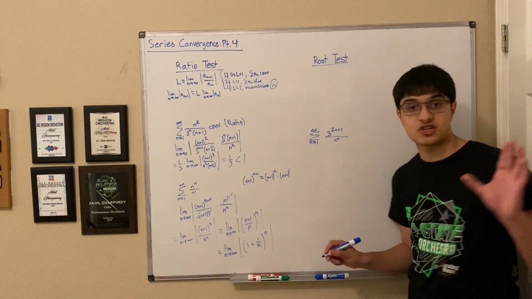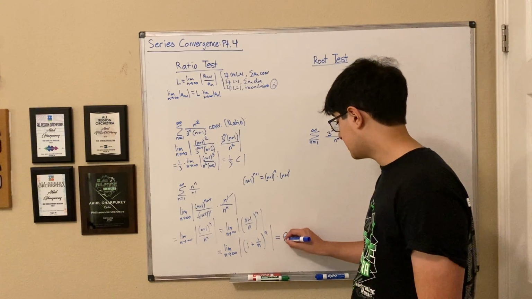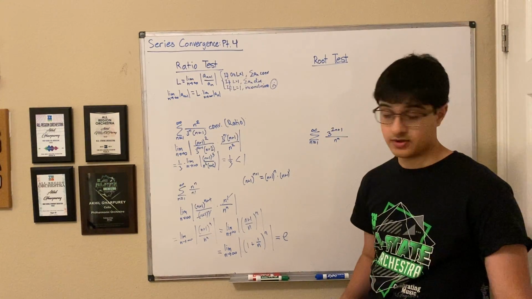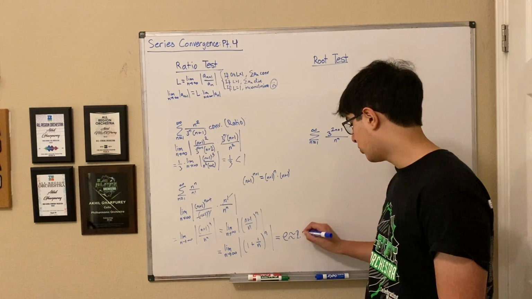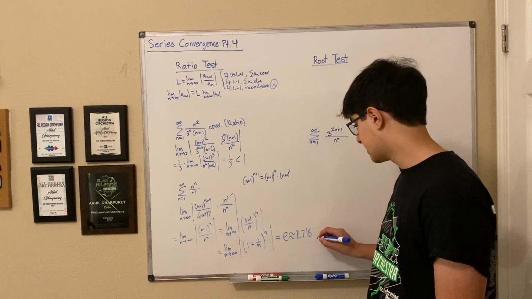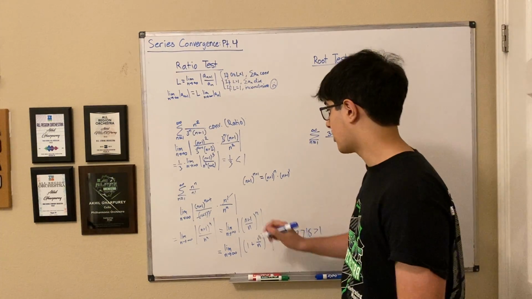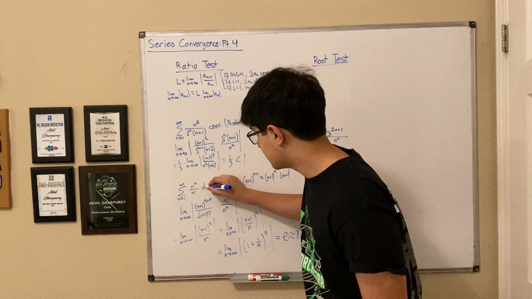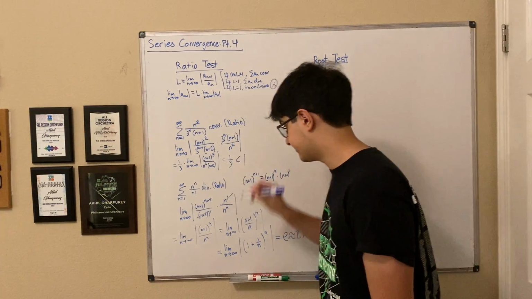This form is actually a really familiar limit in calculus, as this is the limit definition of e. And e is approximately 2.718, which is greater than 1. So therefore, we say that this series diverges by the ratio test.